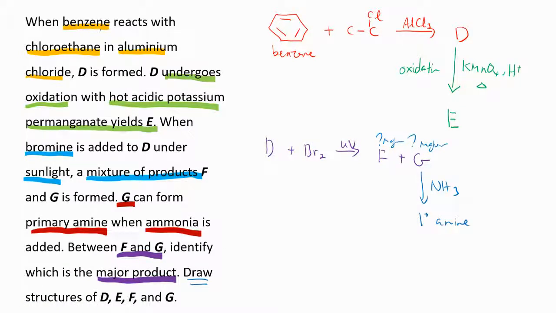Now let's look at this. Benzene, that's why I said the answer starts from the beginning, because benzene is given and we know the structure, we know the formula. So when benzene reacts with chloroethane in aluminium chloride, what happened is this is Friedel-Crafts alkylation.